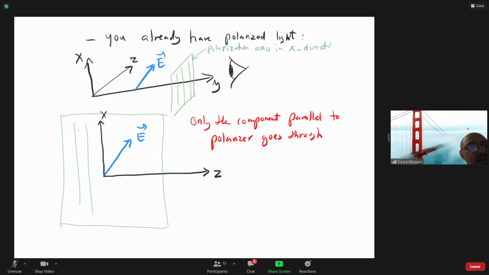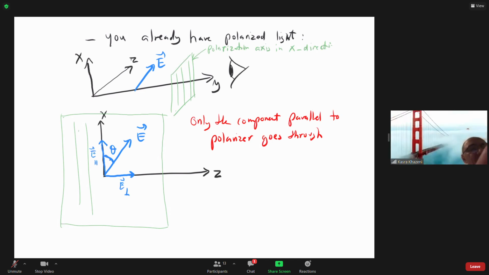Let's break up that electric field into its components along the polarizer axis and perpendicular to it. I'm going to call this E parallel, this E perpendicular, and I'm going to call this angle theta.